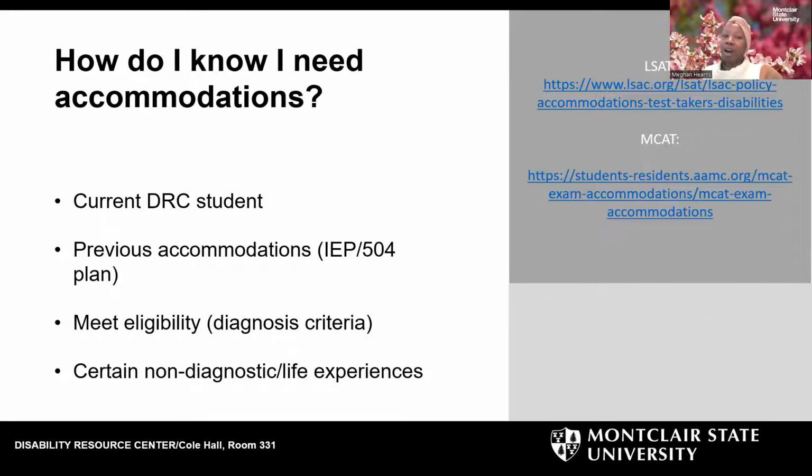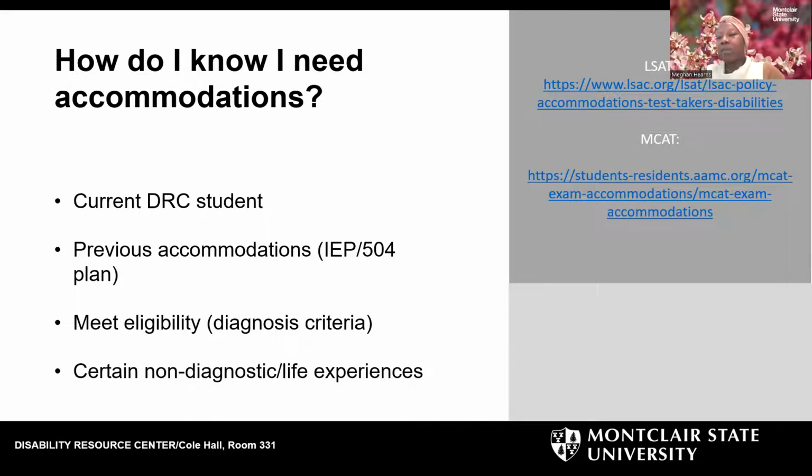So to start off, how will you know if you need accommodations? So off the top, any student who is currently registered or is seeking registration with the DRC is eligible for accommodations on either graduate exam. And that can be anything from a learning or cognitive condition to a mental health or medical condition.